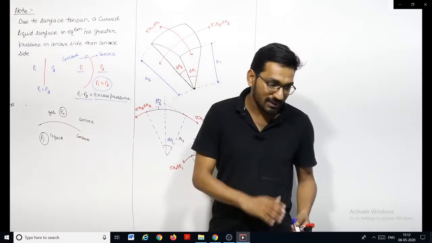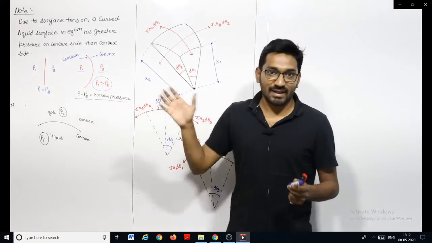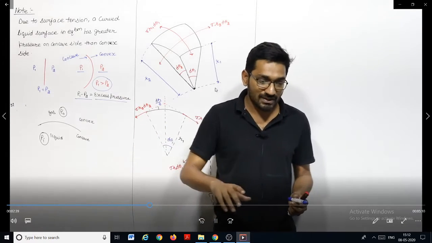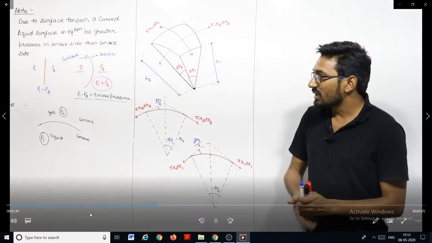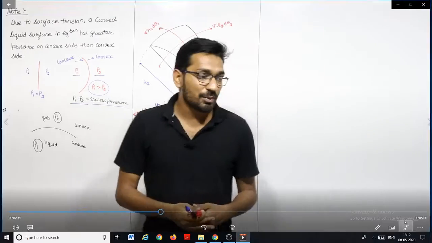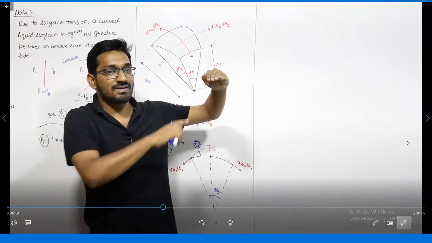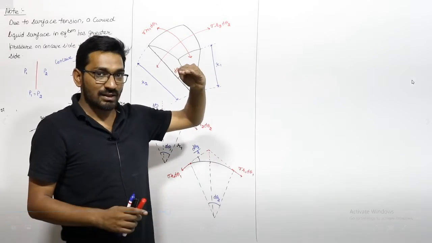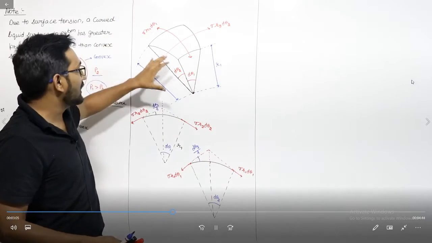This liquid curved surface is assumed to be curved on both sides, with radii of curvature R1 and R2. In this 2D diagram, one side has radius R1 and the other side has radius R2.